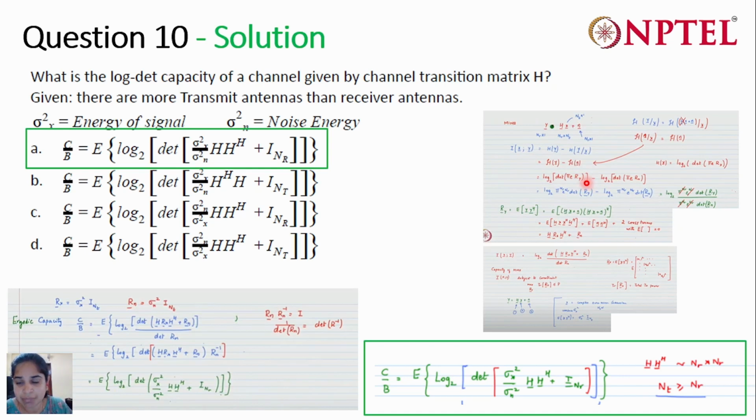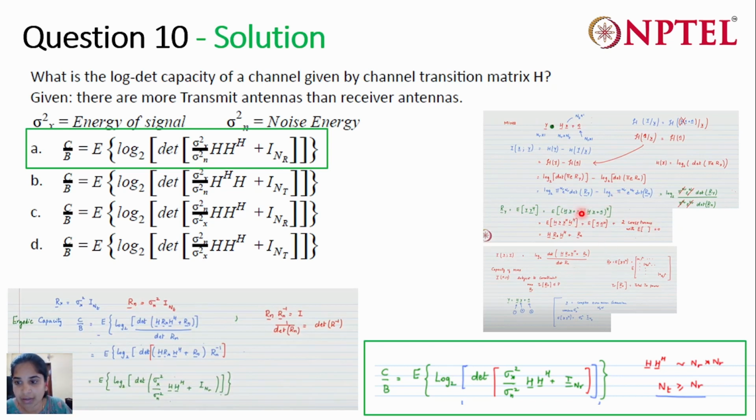So what is the dimension of y here? If we think of the determinant of pi e Ry, it will be NR. So log to the base 2 of pi to the power of NR, e to the power of NR, determinant of Ry, and the same thing, and there you have determinant of Rn. Now we're going to find what Ry and Rn are. Ry is expectation of y into y Hermitian, which can be written as expectation of Hx plus n into Hx plus n Hermitian.